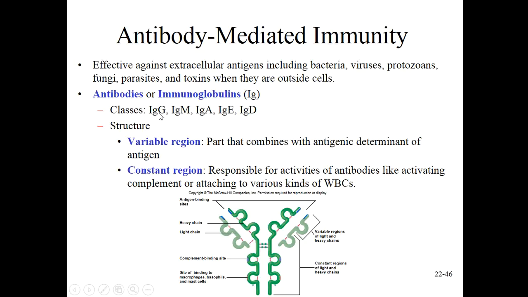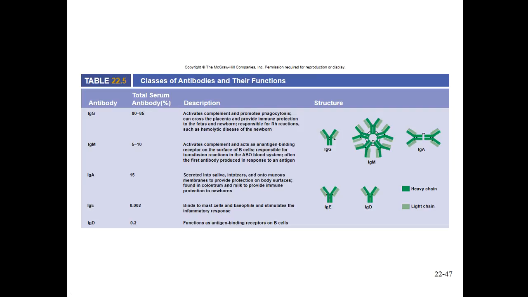Each of these works in a slightly different way, and some of them cross membranes into the extracellular fluid or the cerebrospinal fluid. Some of them are found in our sweat and our tears or in breast milk. We can actually see their shapes right here. And we can see their relative abundance as a normal component or percentage within the plasma or serum.